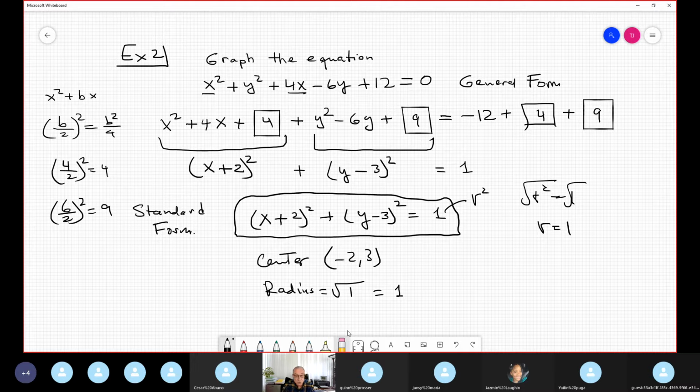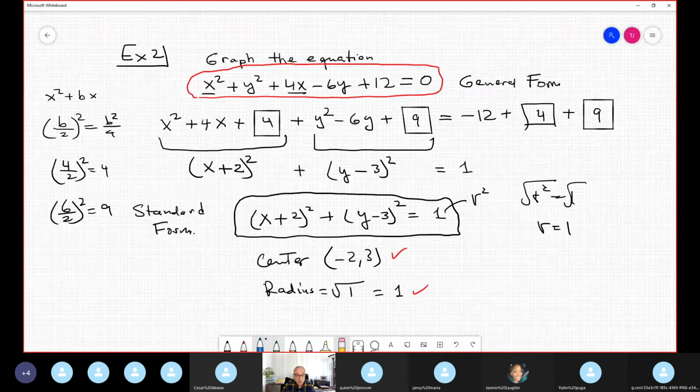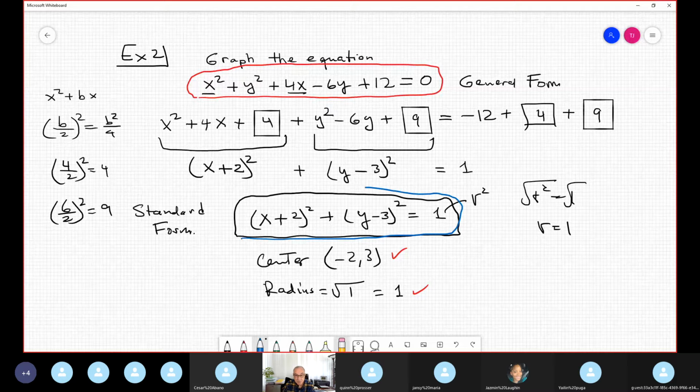So I propose you do the graph first of the original. After we plot the center and you see the radius, and after I propose you do the graph of the standard, and you see if it is the same or not, if it is equivalent or not. I don't know, I suppose that yes.